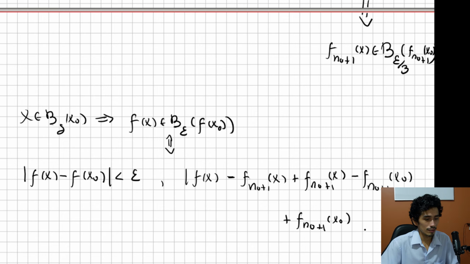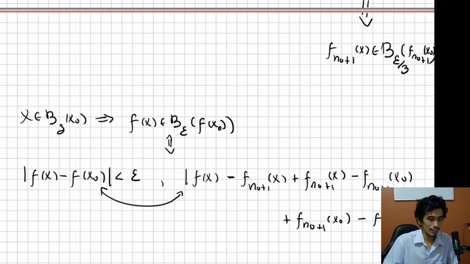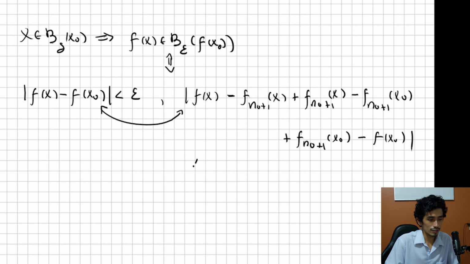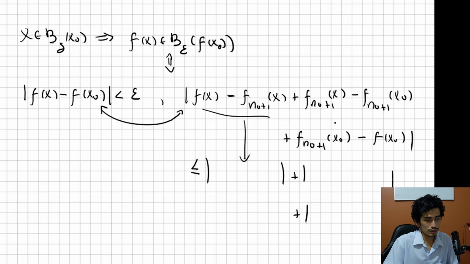And the remaining term, right? So we made no change, this is the same, but it happens that this is smaller or equal than, you know, the triangle inequality. So we put this here, this here, and this here.